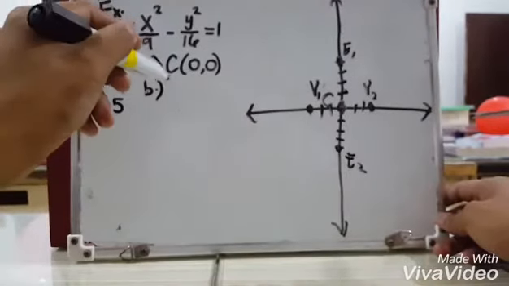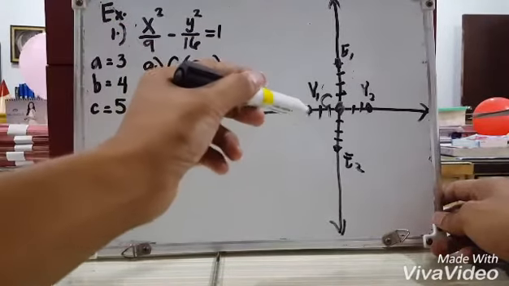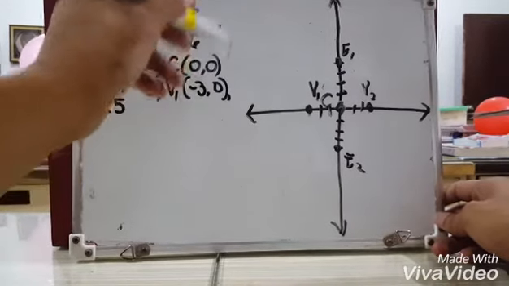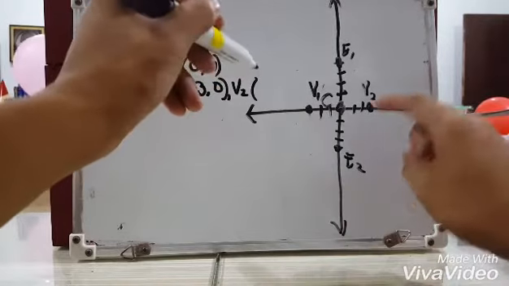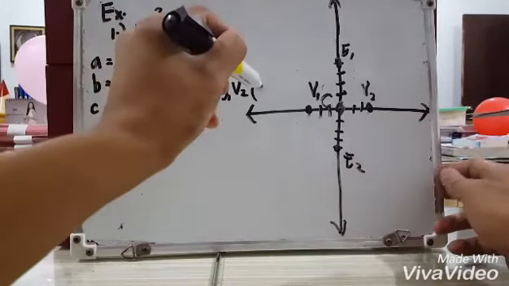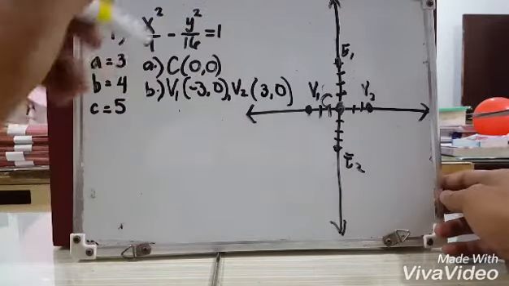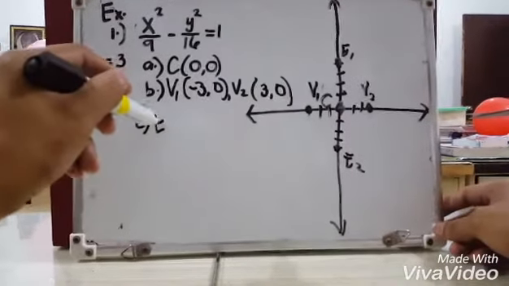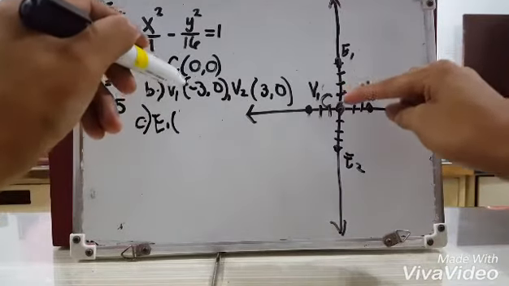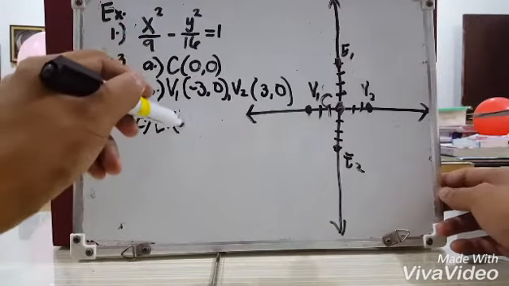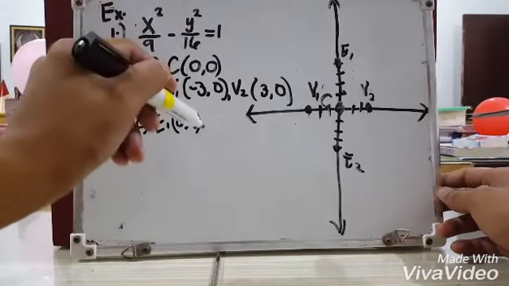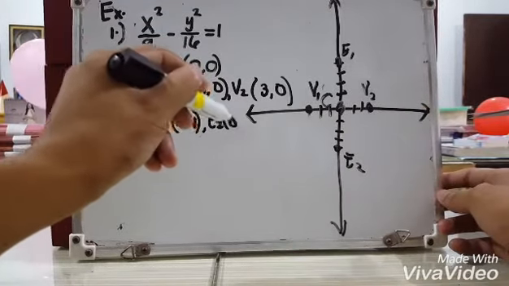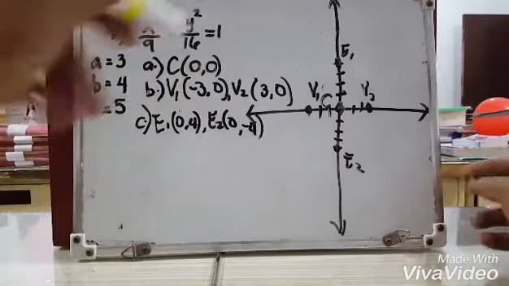By the way, I forgot to write the coordinates of V1. This is -3, 0. And the coordinates of V2 are 3, 0. For the endpoints of the conjugate axis, E1 has coordinates 0, 4, and E2 has coordinates 0, -4.